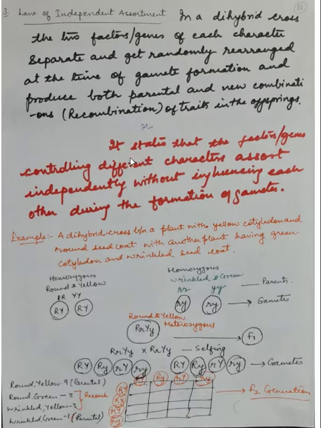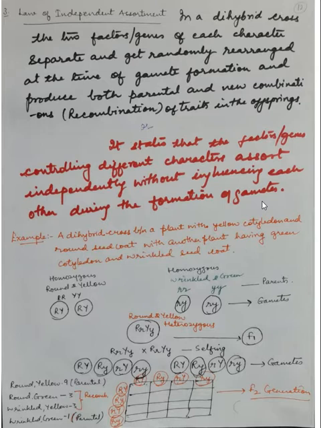So there's another definition. You can write it in this way also. It states that factors or genes controlling different characters assort independently without influencing each other during the formation of gamete. If you remember, in the previous law, the law of segregation, I told you that two genes controlling one character separate or segregate without blending or mixing with each other during the formation of gamete, so that each one receives the gene for each character.